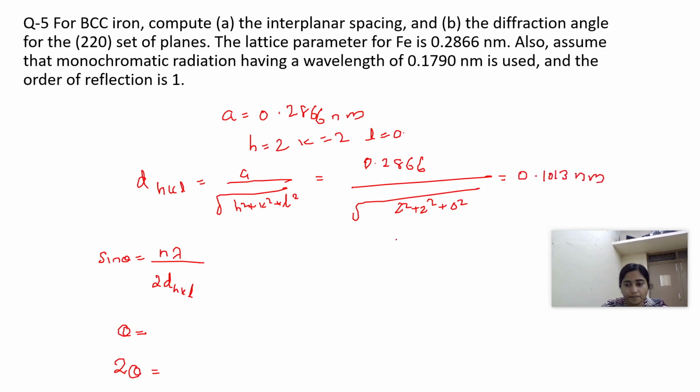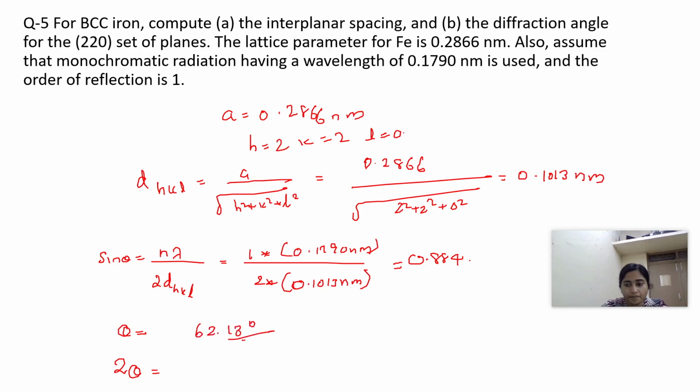After that, for sin theta, substitute all the values: 1 times 0.1790 nanometer divided by 2 times 0.1013 nanometer. Both are in nanometers so they cancel, and it will be 0.884. Theta will be the sine inverse of this, which is 62.13 degrees. Now 2 theta will be 124.26 degrees.